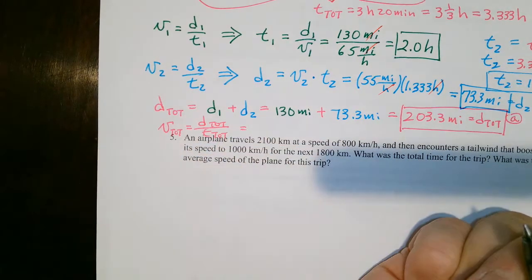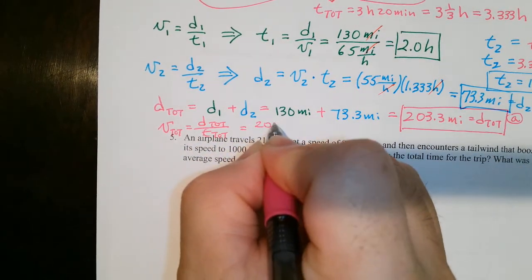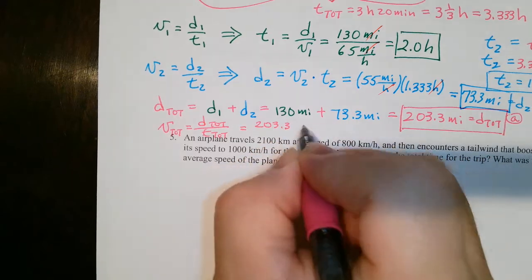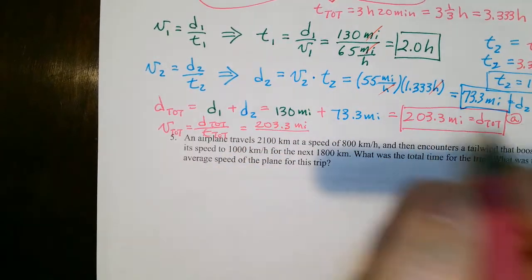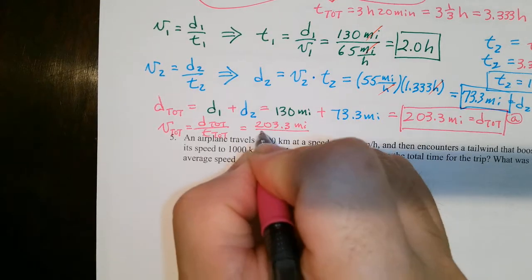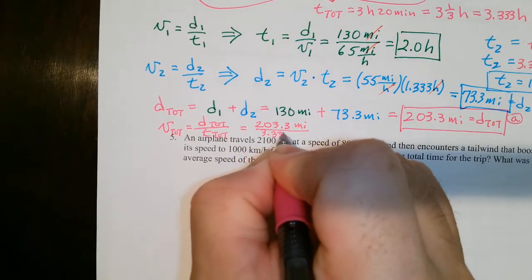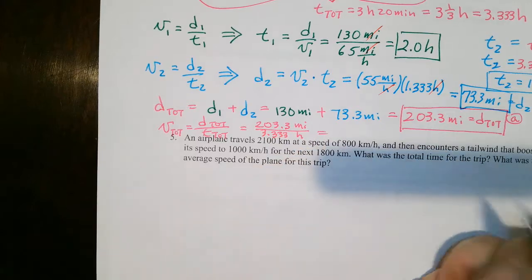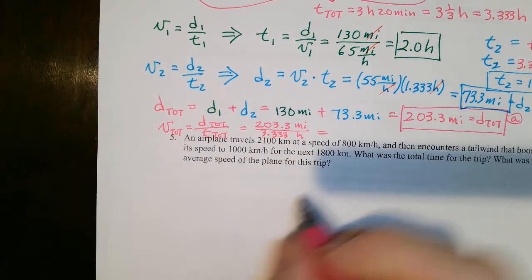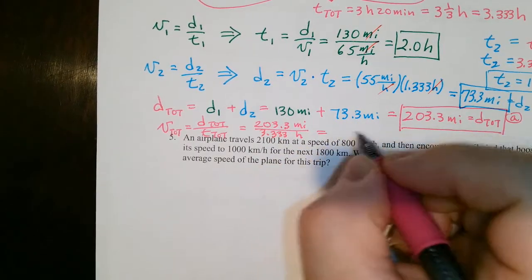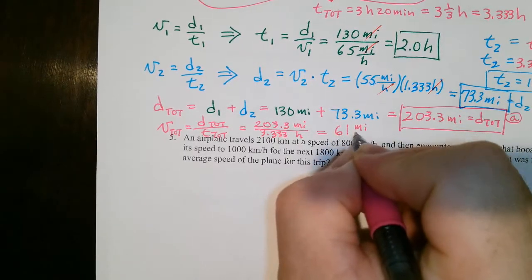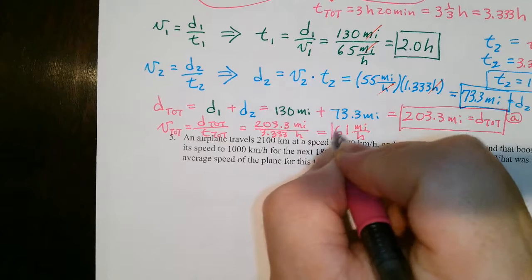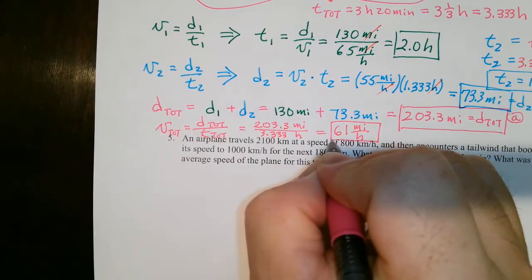And that is equal to 203.3 miles divided by T total, which is 3.333 hours. And your average speed for the total trip comes out to 61 miles per hour.